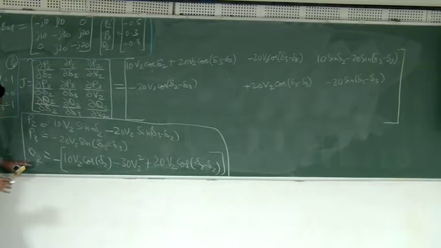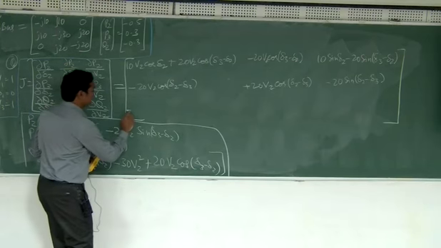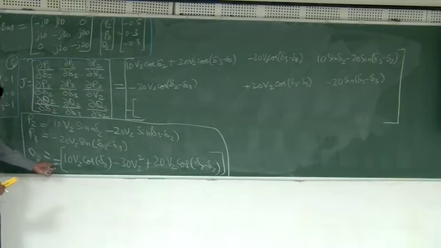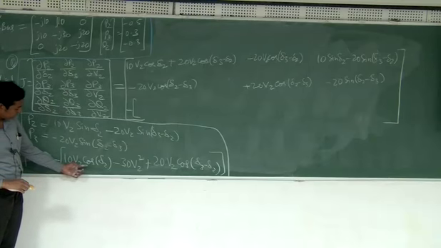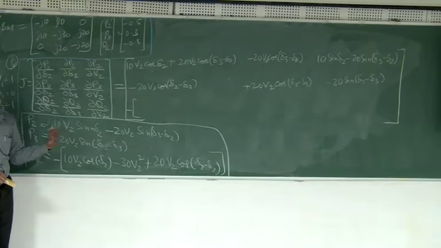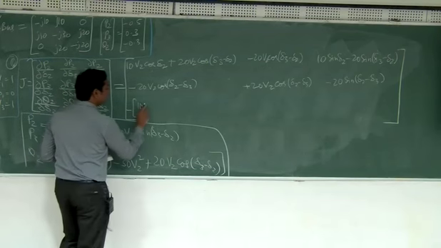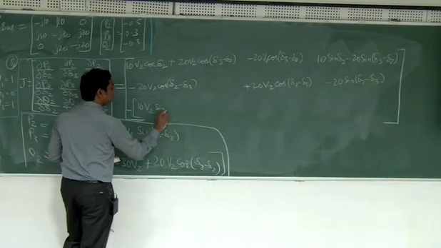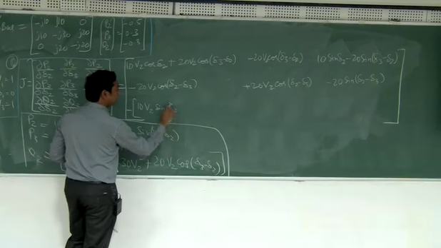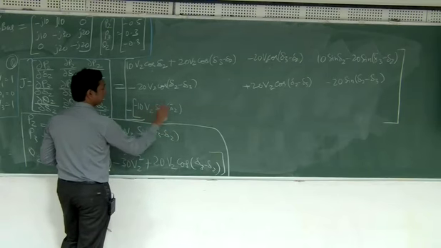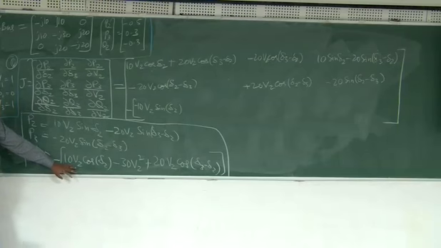Let's look at the third row. Differentiate with delta 2. There is a minus overall, so I put a minus overall. 10 V2 sin delta 2, but with minus, because differentiation of cos gives a minus sign. So 10 V2 sin delta 2 with a minus inside, that is for this term.